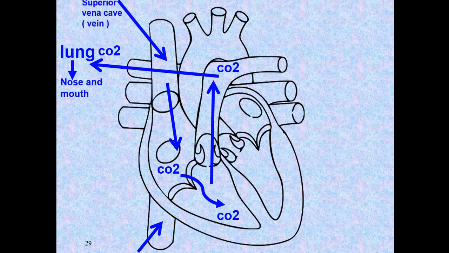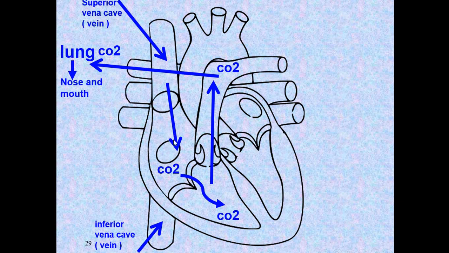Again, the superior vena cava is a vein, and the inferior vena cava is a vein, containing blood rich with carbon dioxide collected from all body cells. They give it to the heart, to the right atrium.